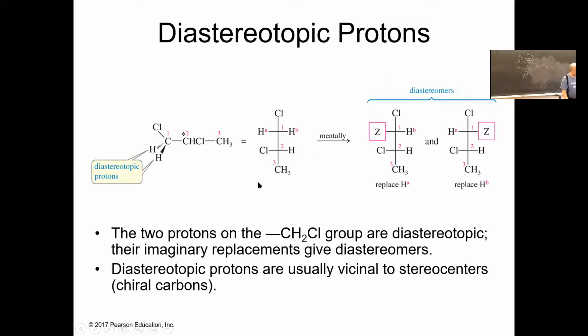Here we have another example of diastereotopic protons. A and B are on the same carbon, but they are adjacent to a chiral center. And so replacing A or replacing B would give us two diastereomers. And so these will split each other.